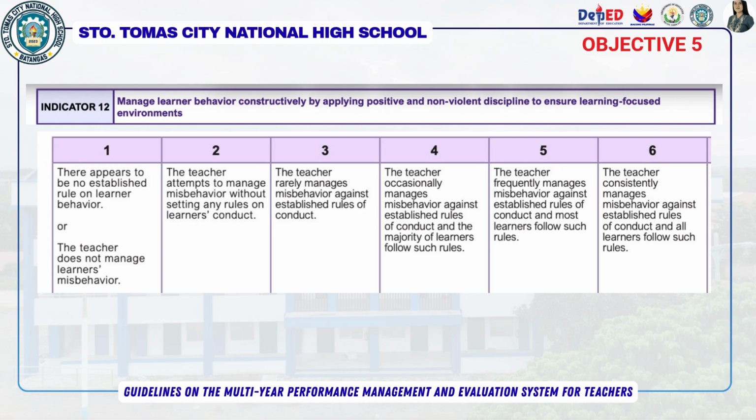Level 1 is marked by a total absence of established rules. To climb to level 4, you must at least occasionally manage misbehavior against established rules, with the majority of learners following them. For levels 5 and 6, the management must be frequent and consistent, resulting in most or all learners following the established rules of conduct. Consistent application is the key factor that moves you from level 4 to level 6.